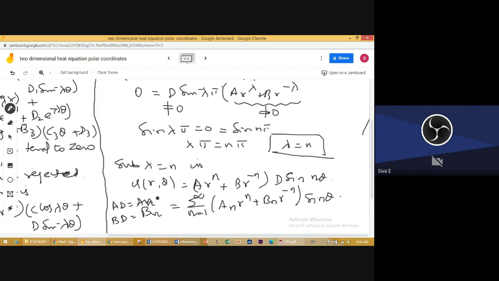That is u of r comma theta equal to summation of n equal to 1 to infinity An r power n plus Bn r power minus n sine n theta.